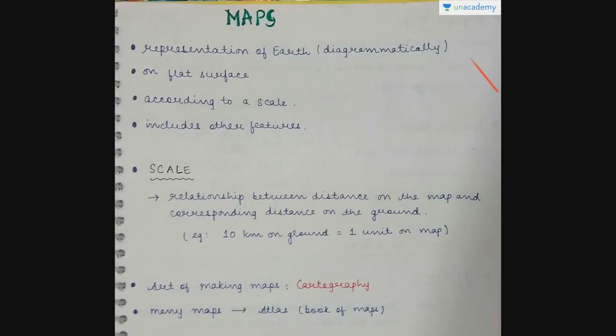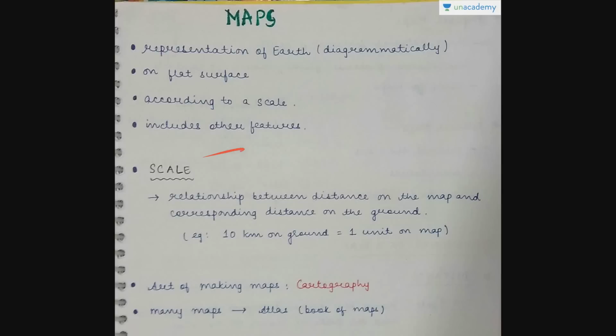Because on the earth or on the ground, the distance between any two places is very huge, and you cannot show that huge distance on a piece of paper. Otherwise, there is no point of making maps, right? So we reduce that distance on paper to make it easier and more understandable.